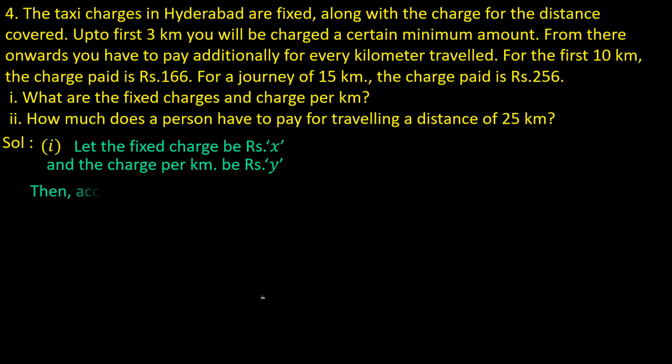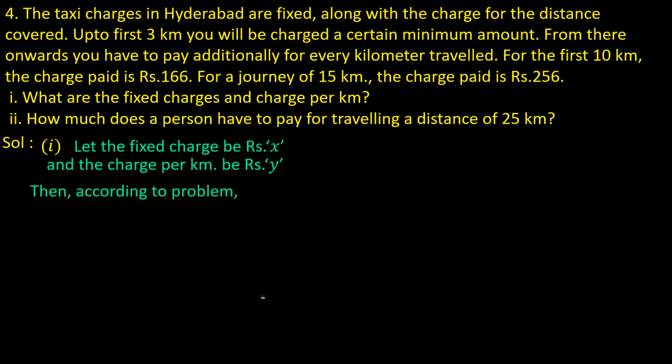Okay, now according to the problem, what hints are given here? For 10 kilometers the charge paid is 166 rupees, and we know that up to 3 kilometers there is a certain charge of X rupees, and for the remaining 7 kilometers we have to pay Y rupees per kilometer.